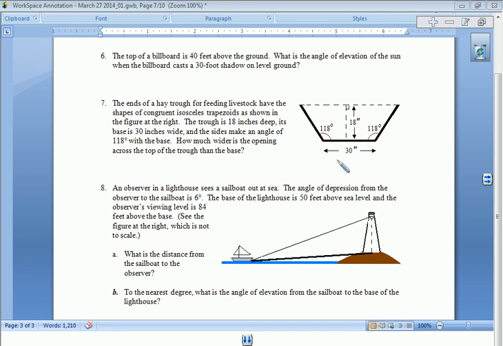Okay, so 7 and 8 were your only real challenging problems, weren't they? And 7 wasn't really hard if you thought, ooh, if I can draw down a perpendicular there, why can't I do one right here? I thought that. And so I drew one in right there and made it a right angle. So if the whole angle was 118 and I took 90 of it away, what's left in there? 28 degrees.